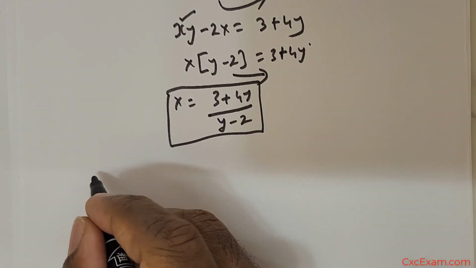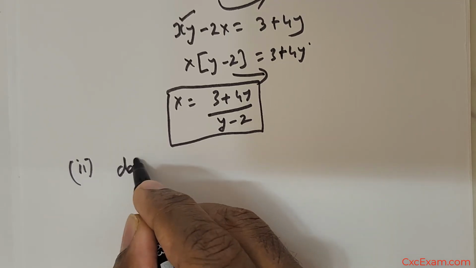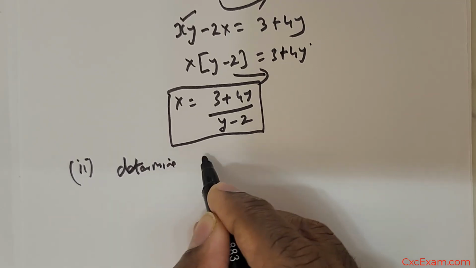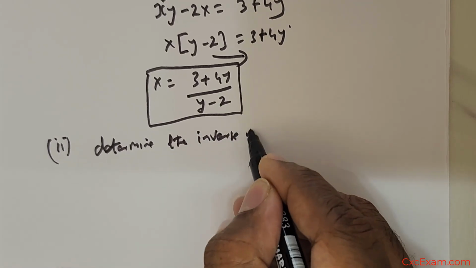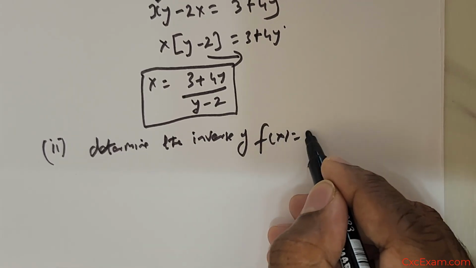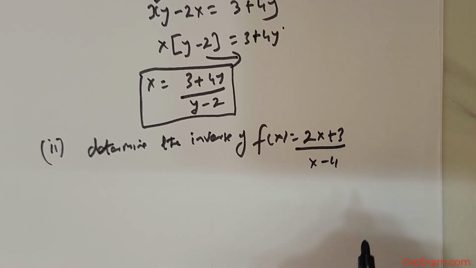Now we got the next part. This is part number 2. We are asked to determine the inverse of f of x is equal to (2x + 3) divided by (x - 4).